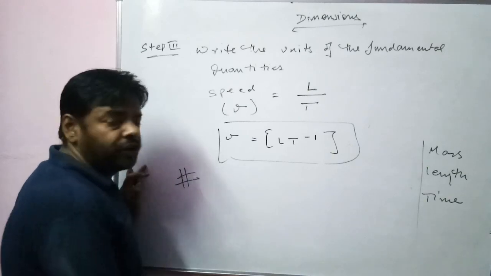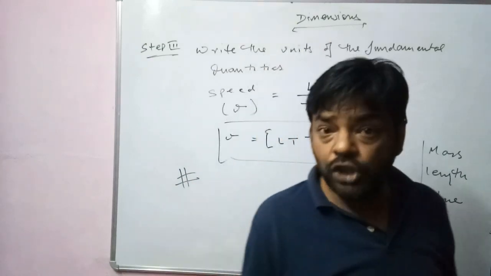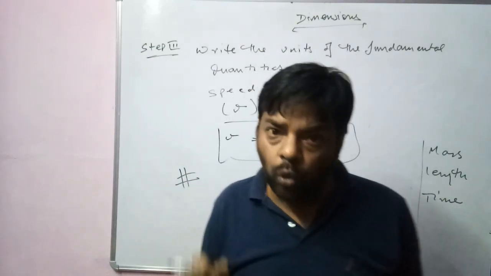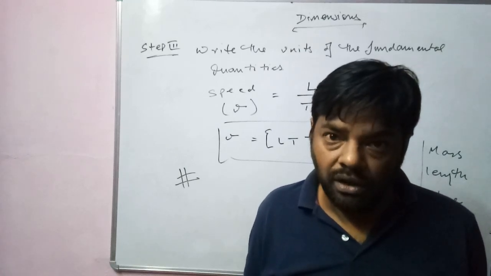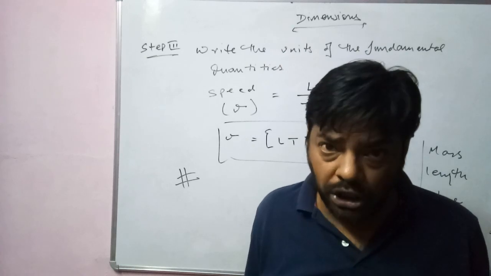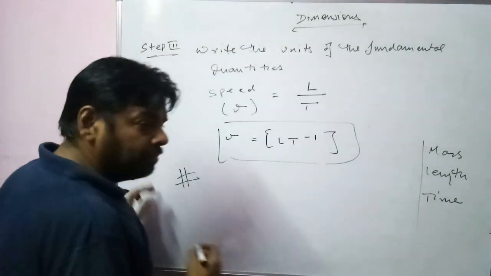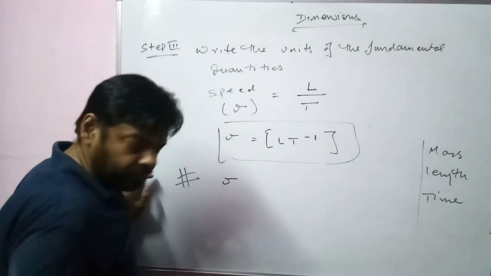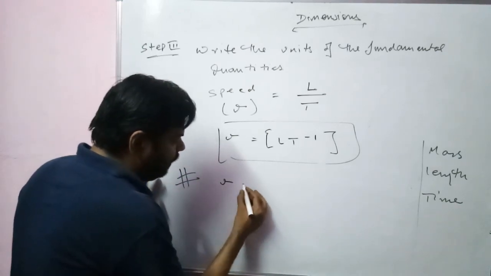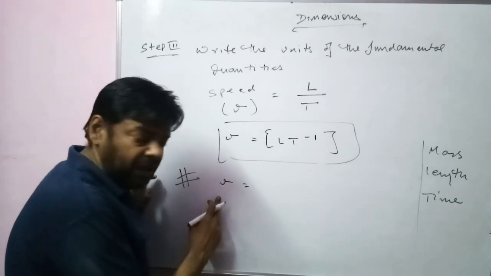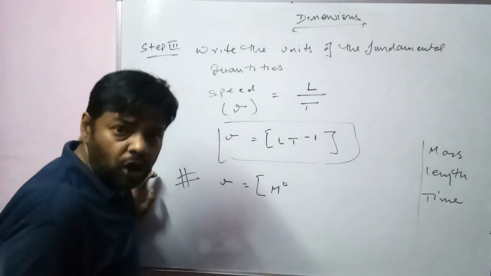I want to make an important statement over here. The calculation or the definition of speed does not involve mass. Whenever we have to calculate the speed of a moving body, we are not interested in the mass of the body. So I can make a more generalized statement that the derived unit for speed does not depend on mass.